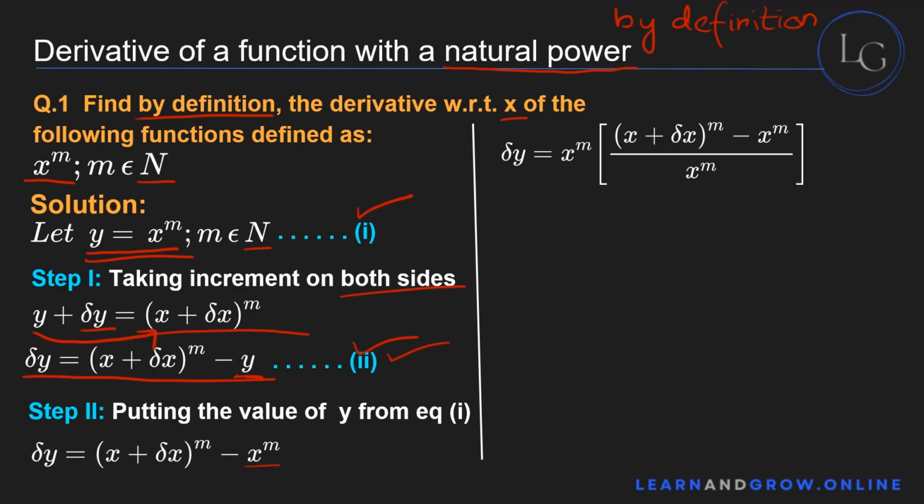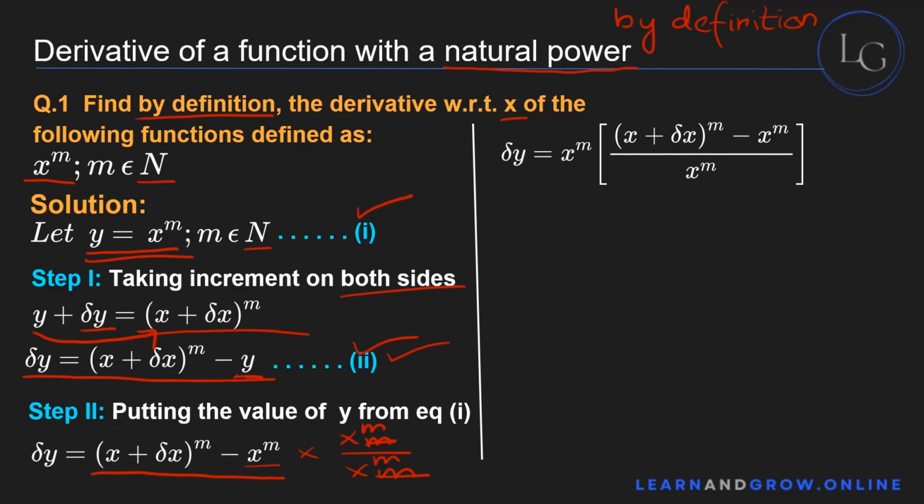And over here we will basically multiply this entire thing with x to the power m over x to the power m, because that will just become 1, so it will not affect this equation in any way, but it will make our calculation simpler.